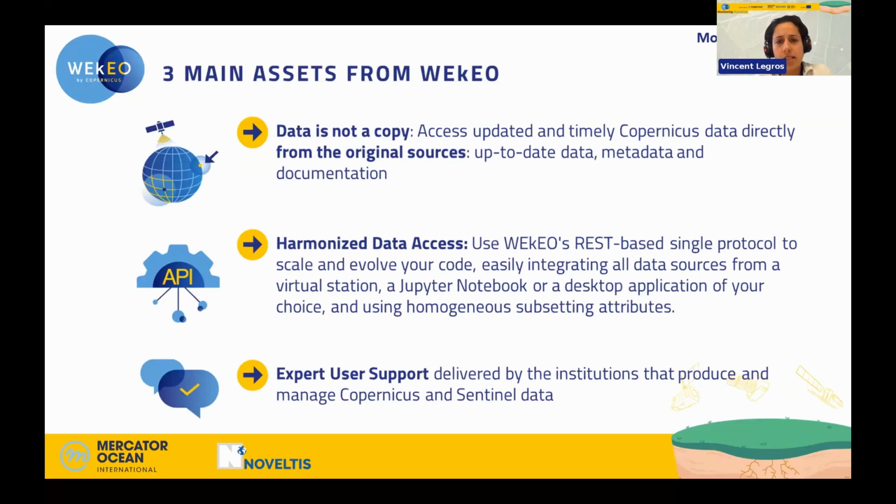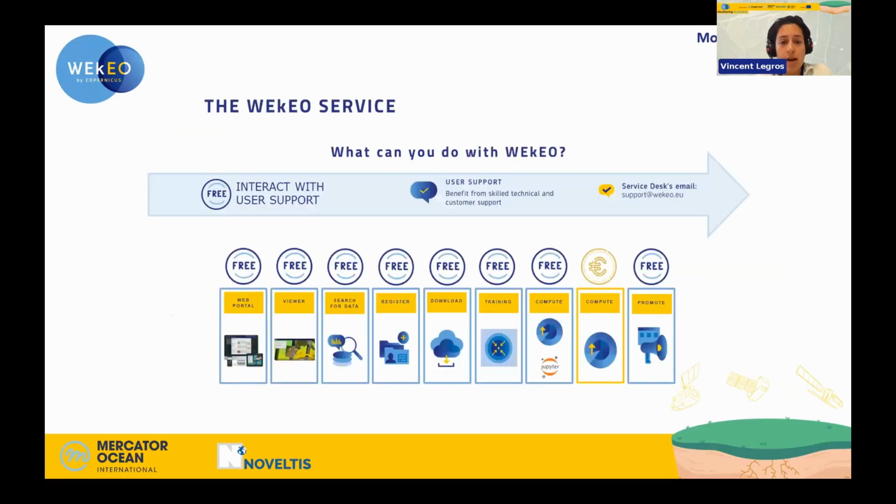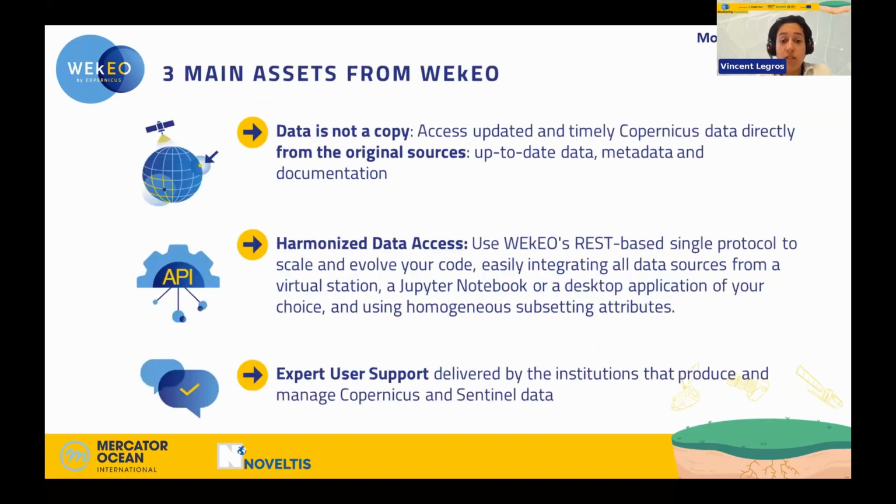That means that it facilitates some programming or an analysis that you might need to do with that data. Besides that, there's also a very active user support, which you can always contact and ask any questions you have related to the data, to accessing the data, etc.